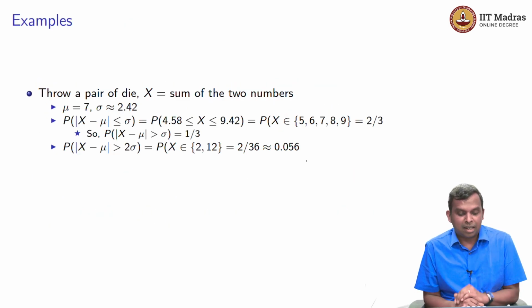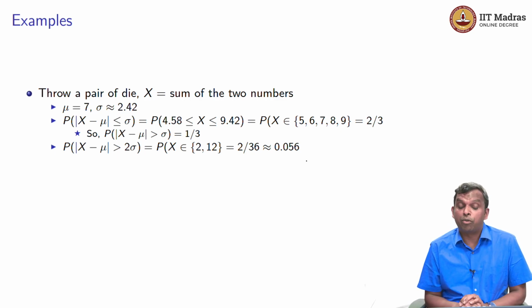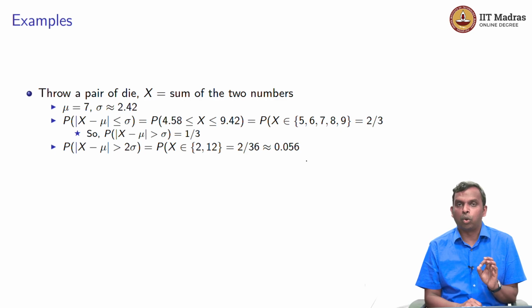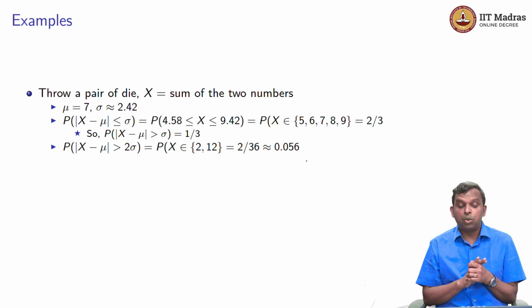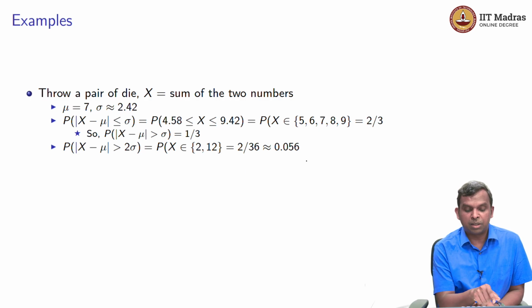We'll start with an example. Suppose you throw a pair of dice and x is the sum of the two numbers. The mean is 7 and sigma is 2.42. You can compute this; it is easy to see. Now, look at the probability that the absolute value of x minus mu is less than or equal to sigma, so the absolute value of x minus 7 is less than or equal to 2.42.